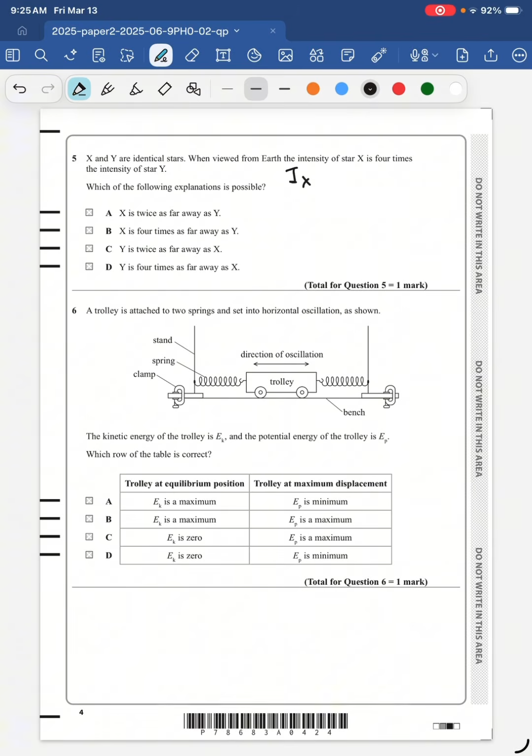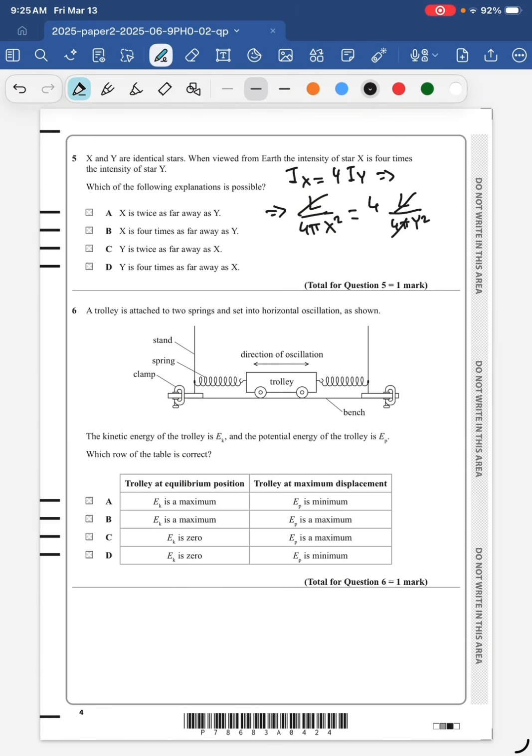Okay, and the stars are identical, so the intensity is defined as the luminosity over 4 pi x squared, where x is the distance from the star. And this is 4 times the luminosity of the other star over 4 pi y squared. So the luminosities are the same, so they can cancel. The factor of 4 pi cancels.